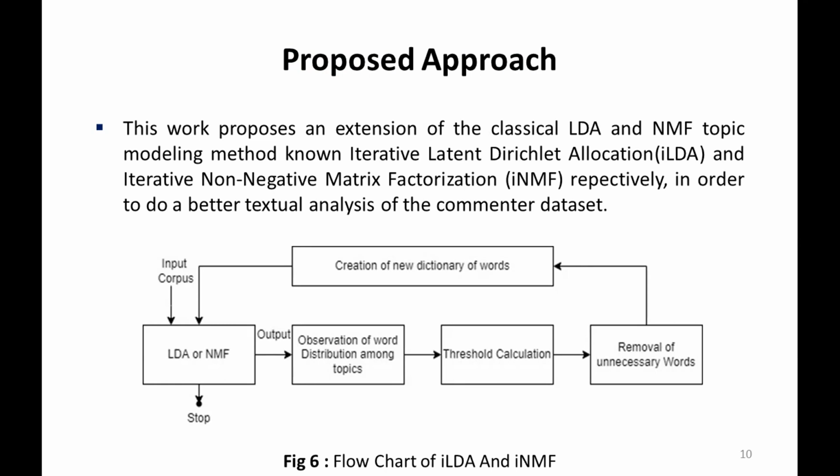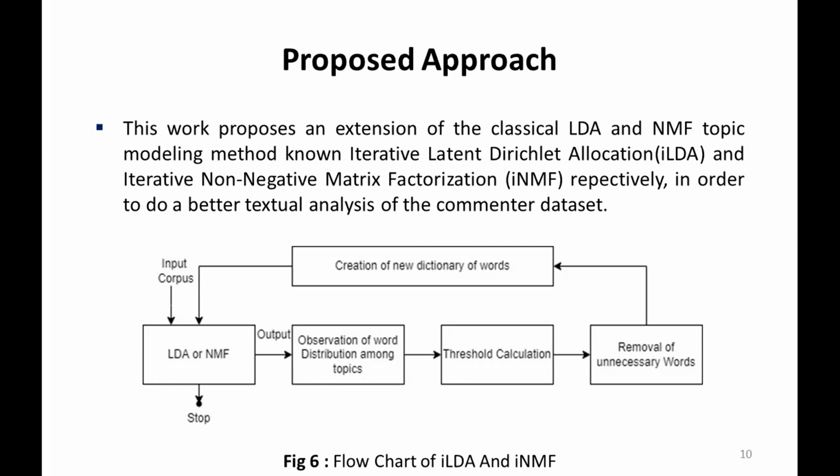If a topic is giving a certain distribution of different words, then we calculated the threshold of it. For threshold calculation, we summed up all the weights, and then divided by the number of words observed in the topic.